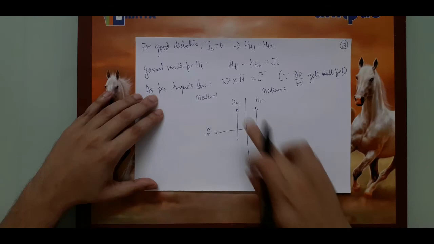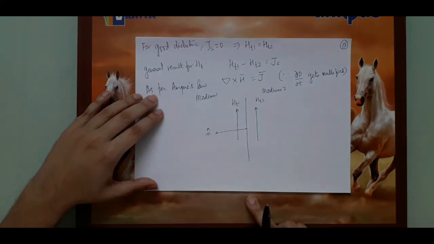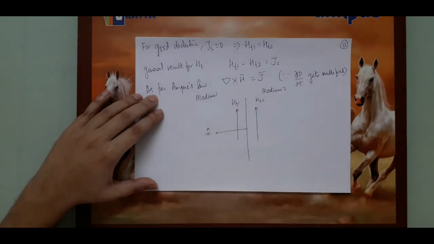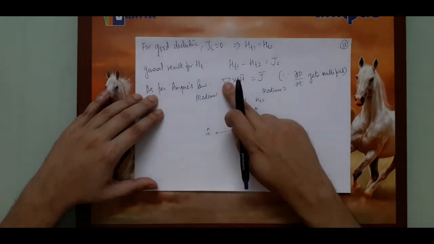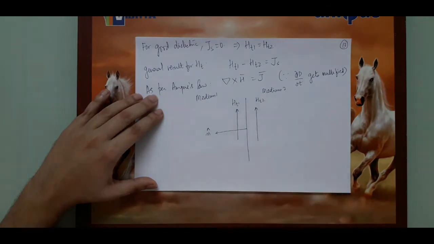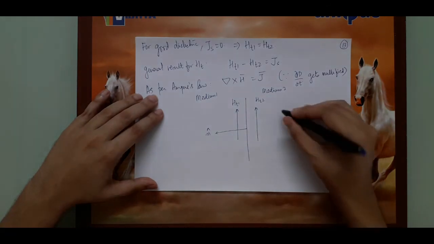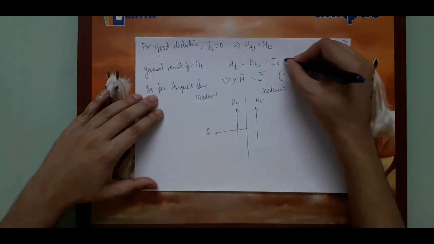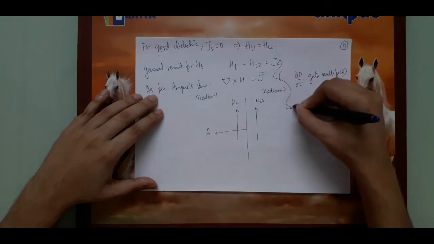So since we are taking the curl, we are essentially doing a cross product of the normal vector, because it's the directional derivative, and the HT1. So what I can write essentially in the vector form, this essentially becomes something of this kind.